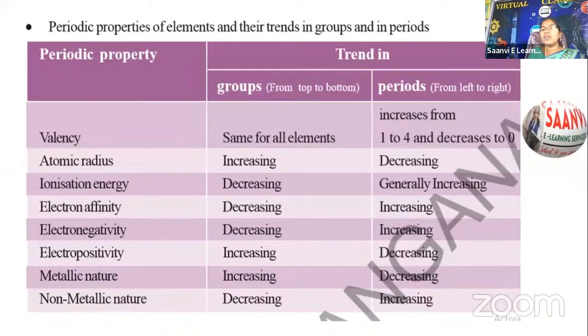Why? Because the valency is decreasing in the outermost orbits. So that's why in the periods it is decreasing. Next, ionization energy. What is ionization energy?